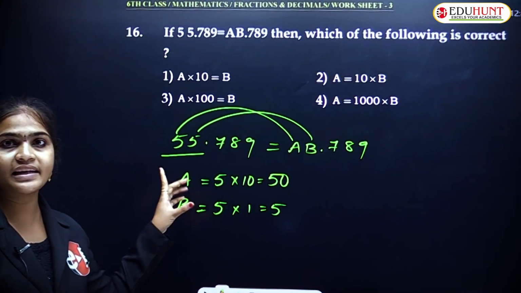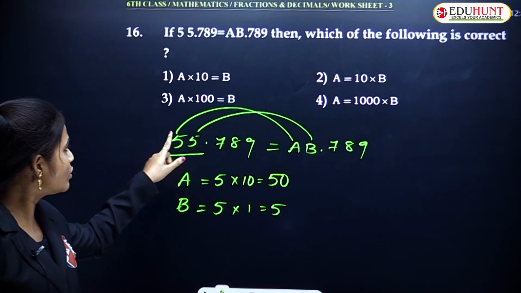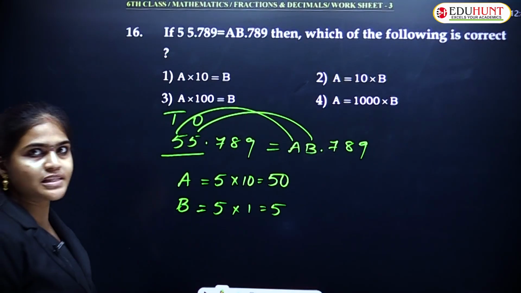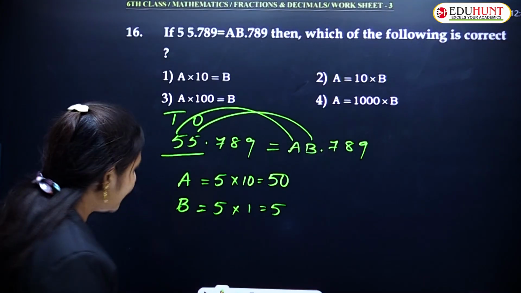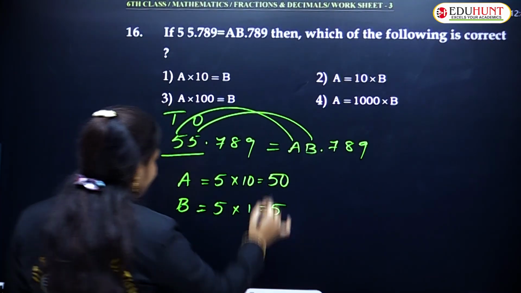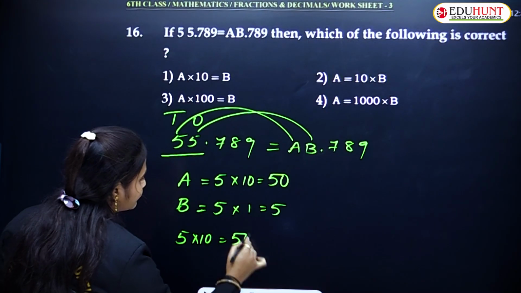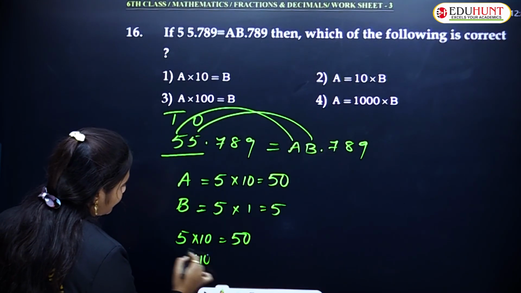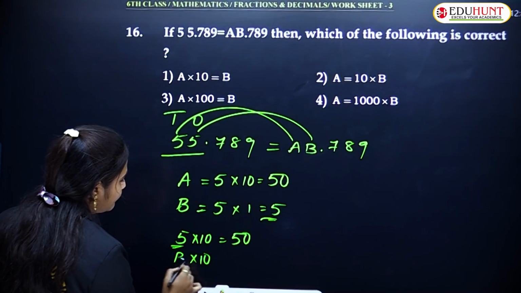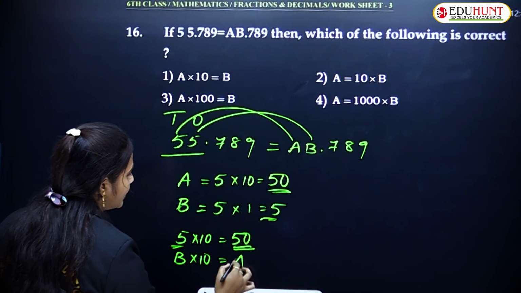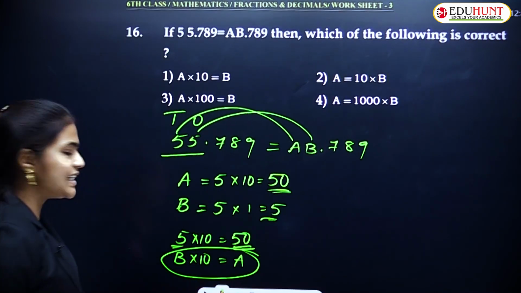We should not write A is equal to 5. Why? Because the 5 is in the tens place. Here we have to check the place values. As per this, we can write 5 into 10 equals 50. And 5 is the value of B. So B into 10 is equal to 50, which is the value of A. So which condition is satisfying?